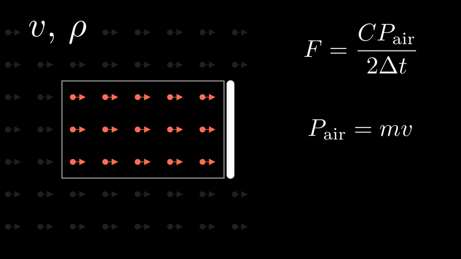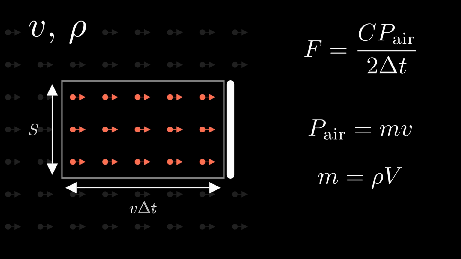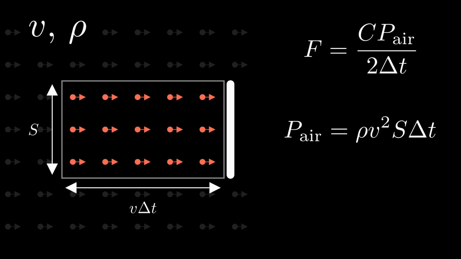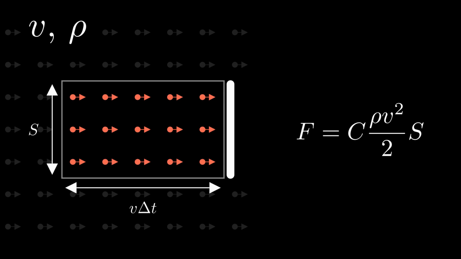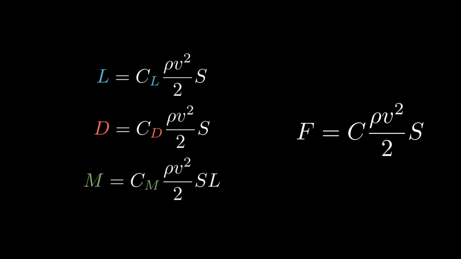The combined mass of the particles is volume times density of the air. During the time Δt, a particle can cover distance v Δt. The volume containing the particles which will reach the plate is then the distance times the area of the plate. When we substitute the result into Newton's law, the Δt's will cancel out and we'll get something very similar to the formulas we have seen earlier.